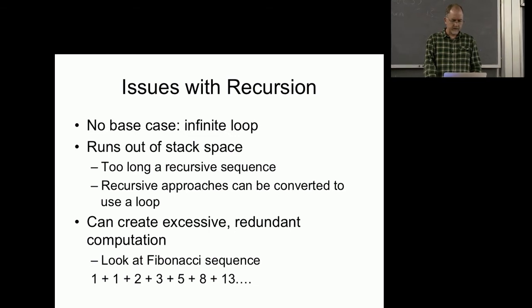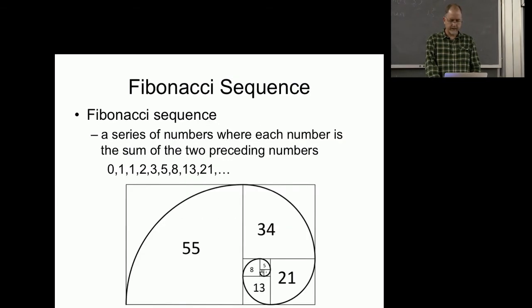And it shows up in a lot of places. This is called the golden spiral. It has applications in art. People look at the ratios of how this grows and find it pleasing. It shows up in seashells. If you look at how nautiluses grow, they look like this.